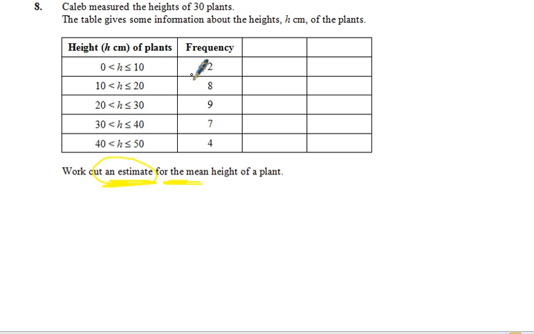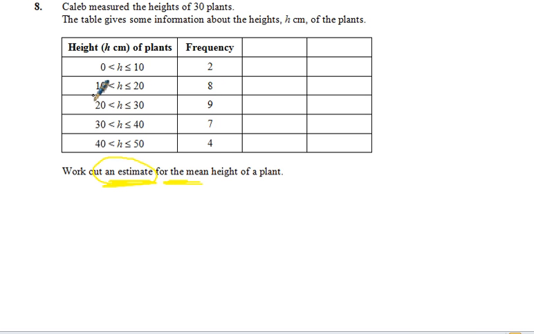Would you be able to tell me exactly what their heights would be? Would it be 5 centimeters? Would it be 8 centimeters? Both of them could be 10 centimeters. We don't know, right? All we know is that there were 2 plants and their heights would be somewhere between 0 and 10 centimeters.